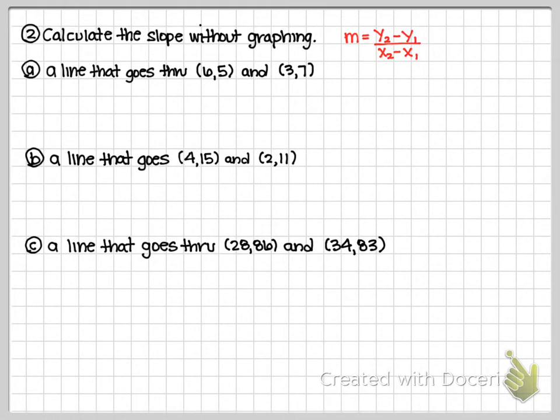So the thing that we definitely want to focus on right now is identifying, well, what are these x2, y1 business? When you are given a pair of points, we want to be able to identify each of them as x and y's, because by definition, an ordered pair is x comma y. So if I take a look at this, I know that 6 is an x and 5 is a y.